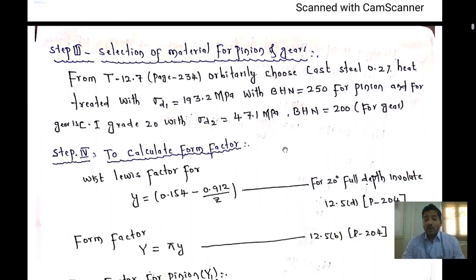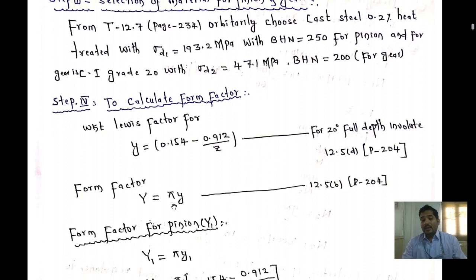After that we go to step number 4, in which first of all you need to calculate the form factor. For the form factor we have the formula with the help of Lewis factor. So this y indicates Lewis factor: y equal to 0.154 minus 0.912 by Z1.